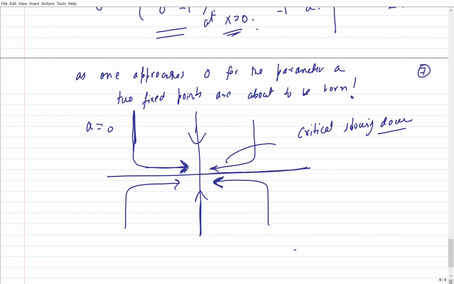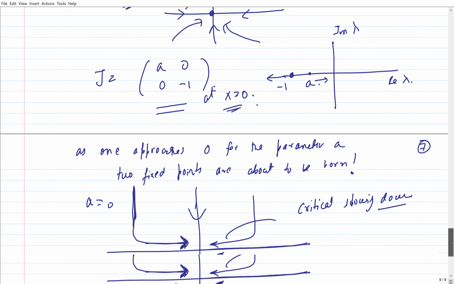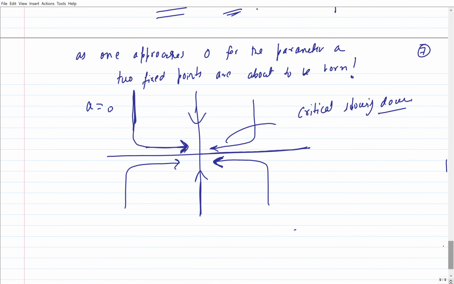And the reason for that is that for a equals 0, the equations of motion look like, I had x dot equals ax minus x cubed. For a equals 0, that's nothing but minus x cubed. Now if you look at it, this is a differential equation, and this is an example of an algebraic decay.